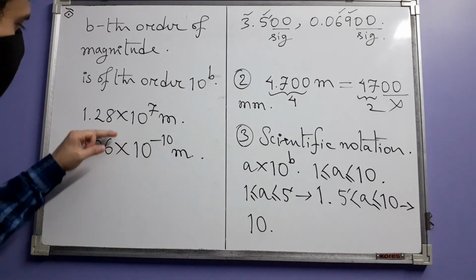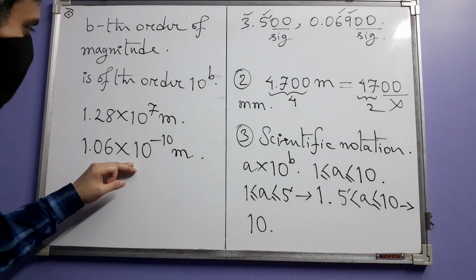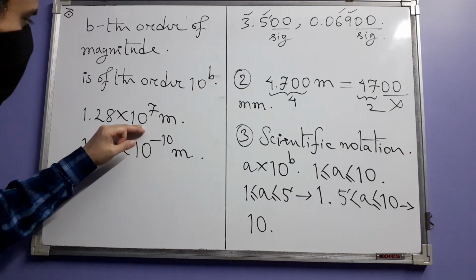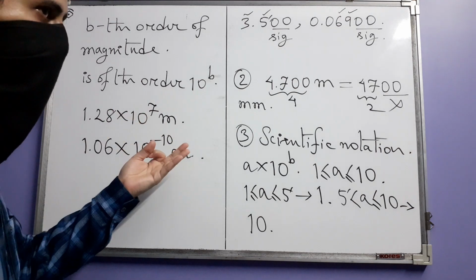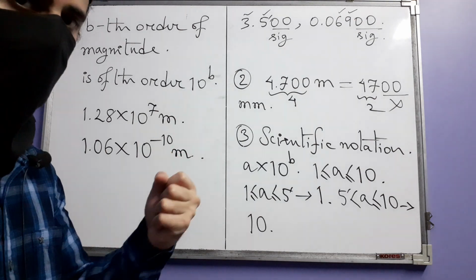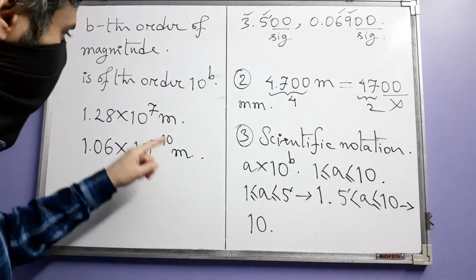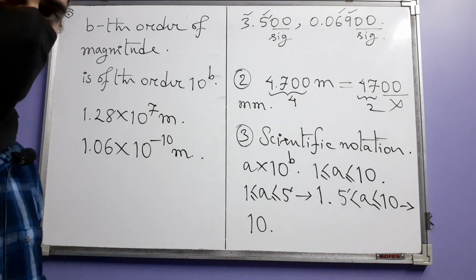And to compare these two diameters, we say that the diameter of Earth is 17 orders of magnitude more than the diameter of a hydrogen atom, because that is the difference between 7 and minus 10.